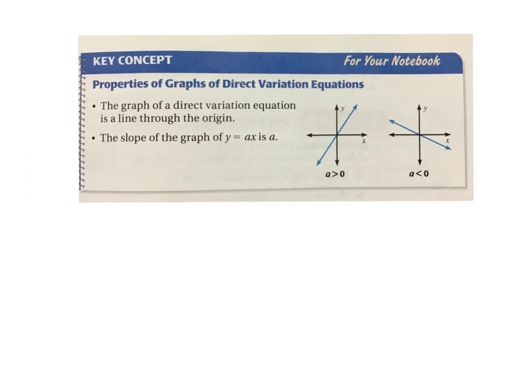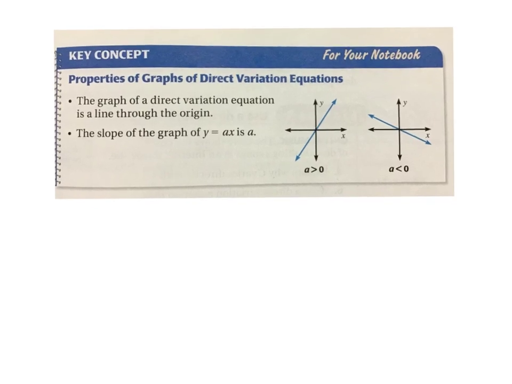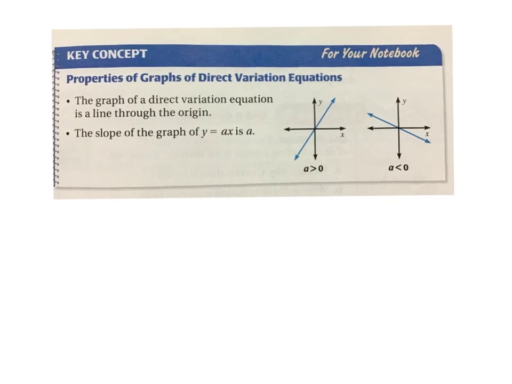All right, the last thing we need to go over is the key concept that you should have written in your journal. Okay, this is talking about the properties of graphs when dealing with direct variation equations. When you have a direct variation equation, you always have the line through the origin.